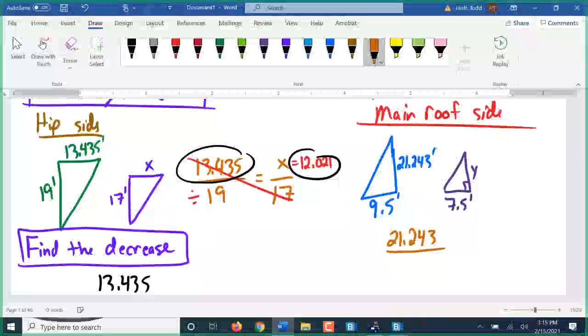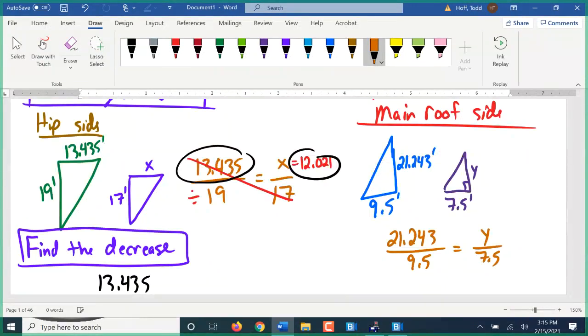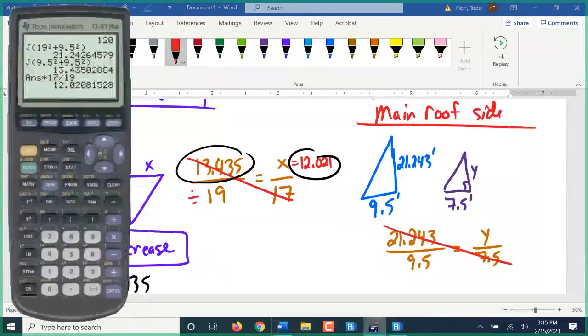21.243 over what? 9.5. I can either go over Y or 9.5, it doesn't matter. On the other side, then it'll be Y over 7.5. Either way, 21.243 times 7.5 divided by 9.5. You're at 16.771.